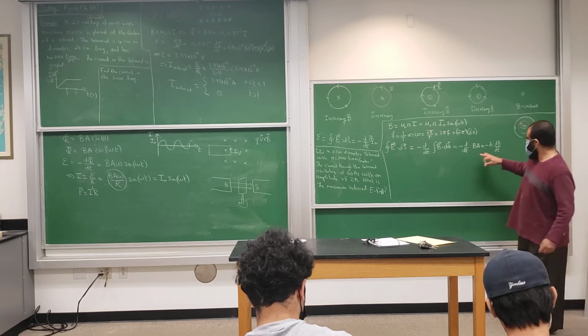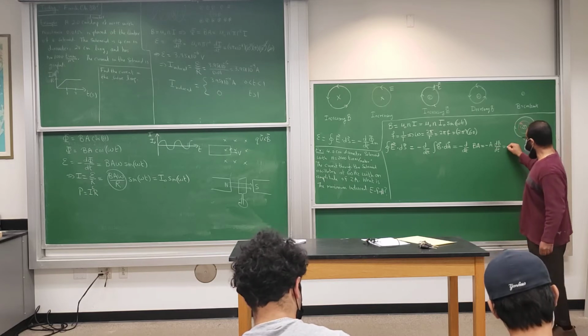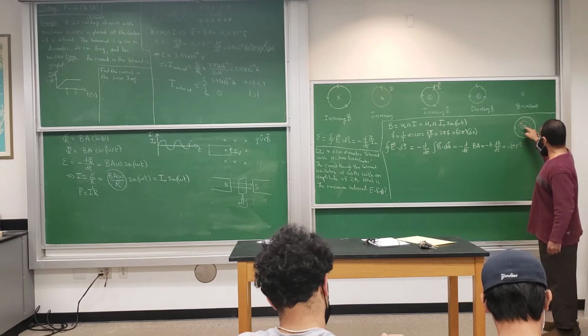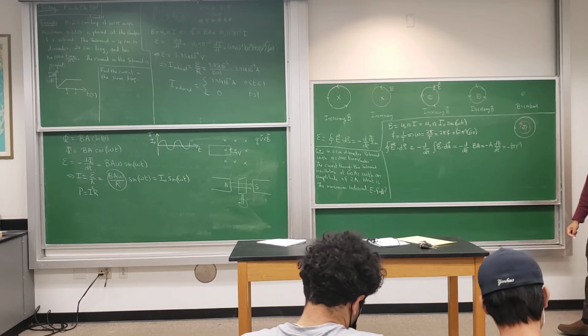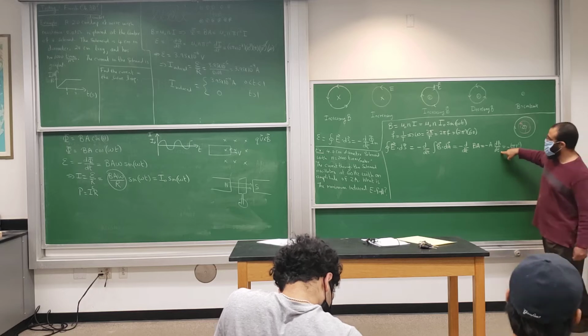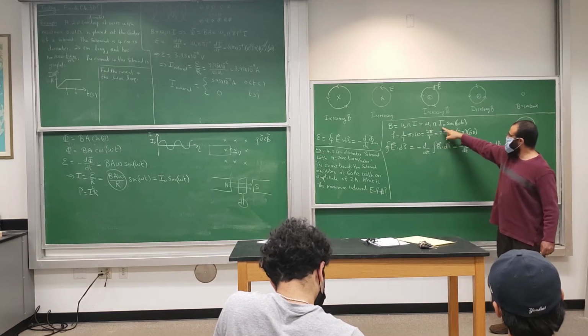So the right side, we dealt with it. In fact, let's write down here, minus, the area will be pi r squared, right? Of this loop, the flux that's going through. Area is pi r squared. And then dB/dt, here's B. When you take the derivative, what do you get?